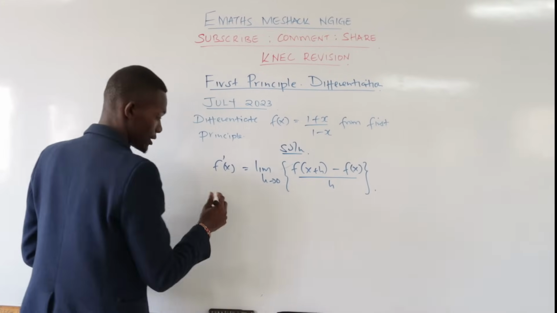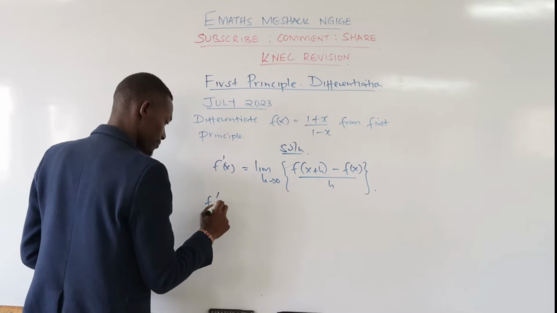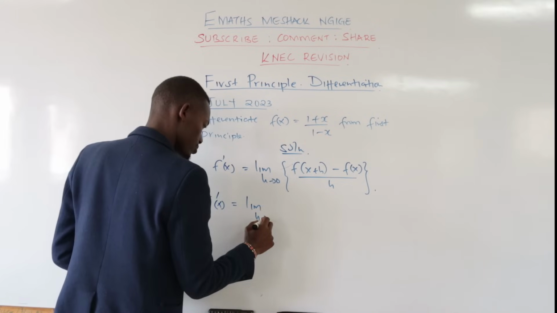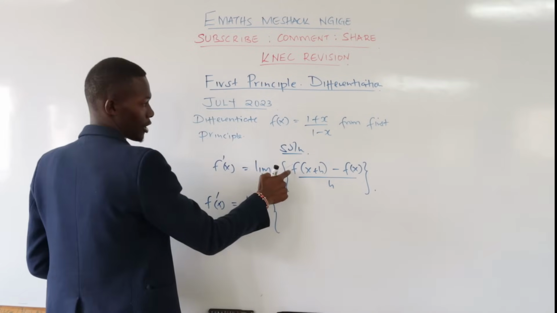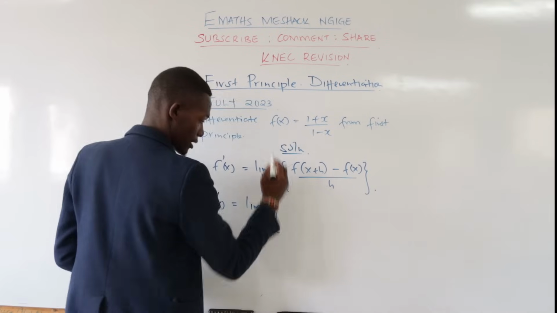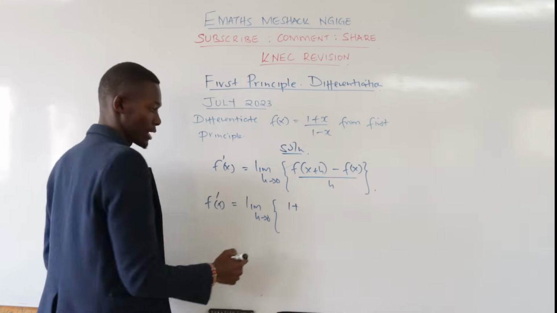So, writing this, we have f prime of x given by the limit as h tends to 0. Our function, remember, is a quotient. So we have the top and the bottom: where we have an x, we add an h.